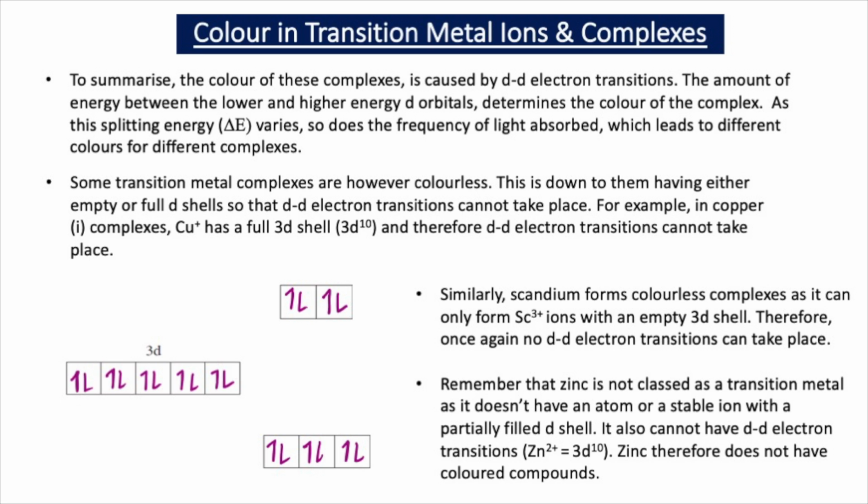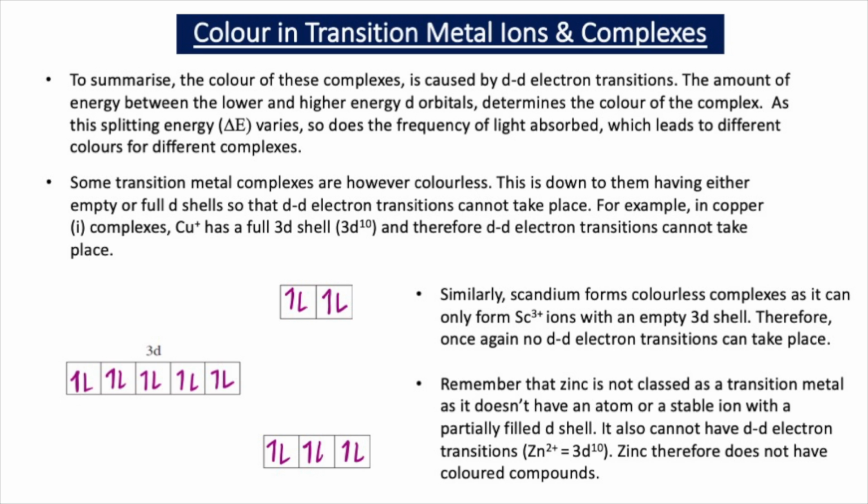So therefore, no d-d transitions can take place. Now similarly, scandium forms colourless complexes as it can only form Sc3+ ions with an empty 3d shell. Therefore, once again, no d-d electron transitions can take place, and it's these d-d electron transitions that cause the colour in complexes.